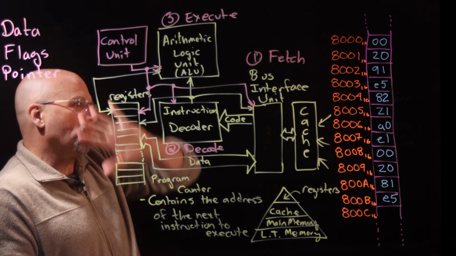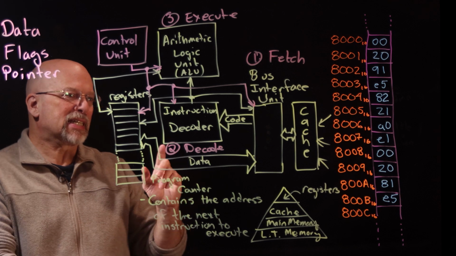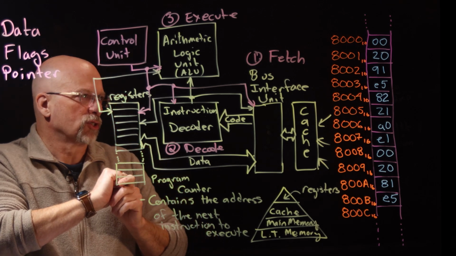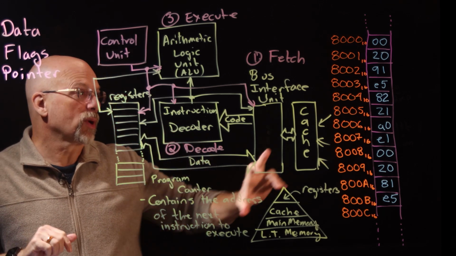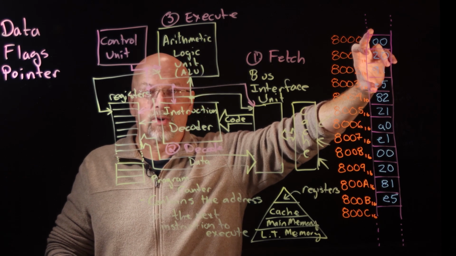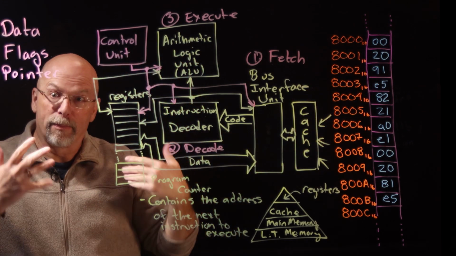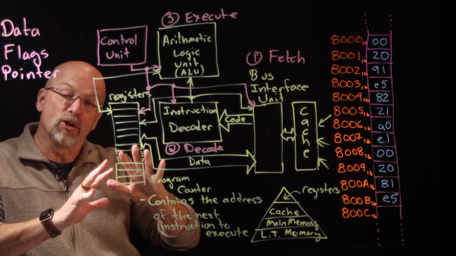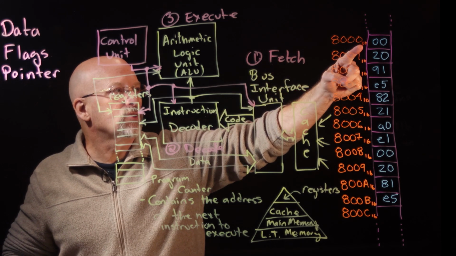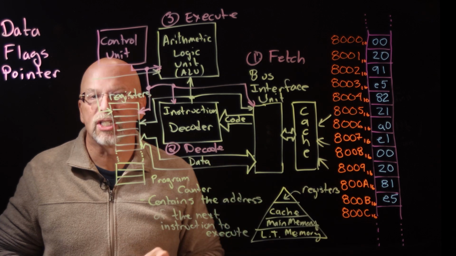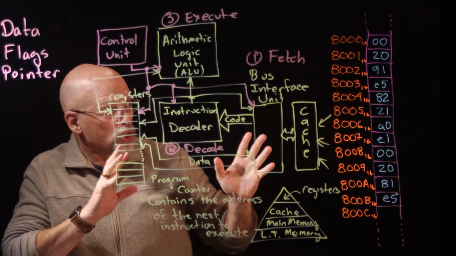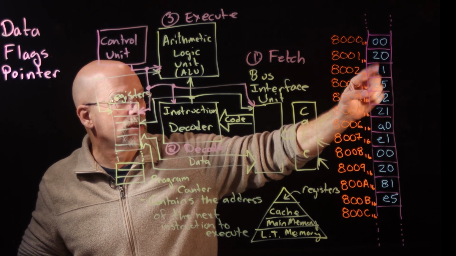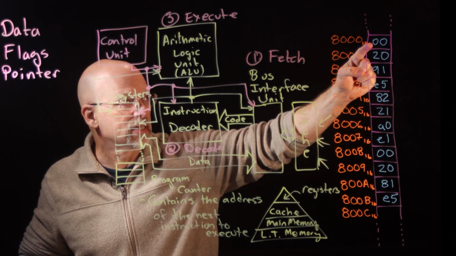Now, the reason I left this up here is because it's tightly coupled to what goes on between the instruction decoder and the bus interface unit. Remember, our first instruction that we were executing was these four addresses right here. Remember, the data structure alignment said that all 32-bit instructions have an address that ends in 0, 4, 8, or C. We also have it stored in little endian, so the most significant byte is the last of the four addresses, and so on down to the least significant one.